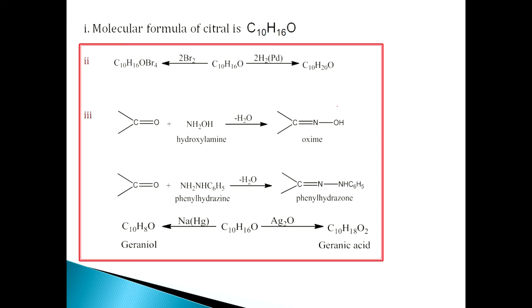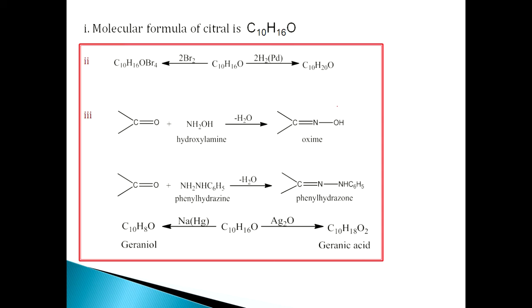In the next point, citral forms an oxime with hydroxylamine and a phenylhydrazone with phenylhydrazine. So it must have a carbonyl group.